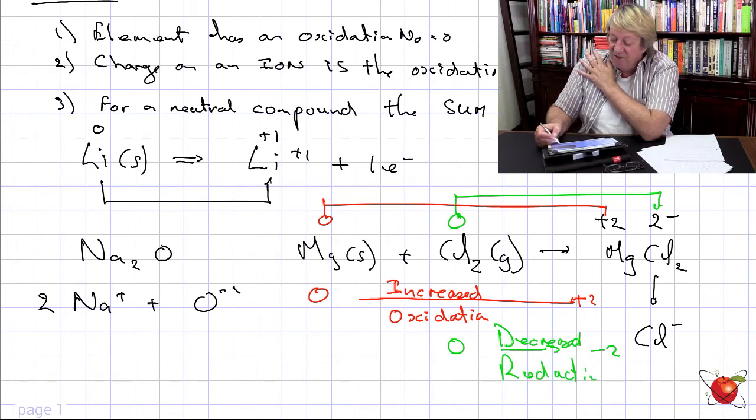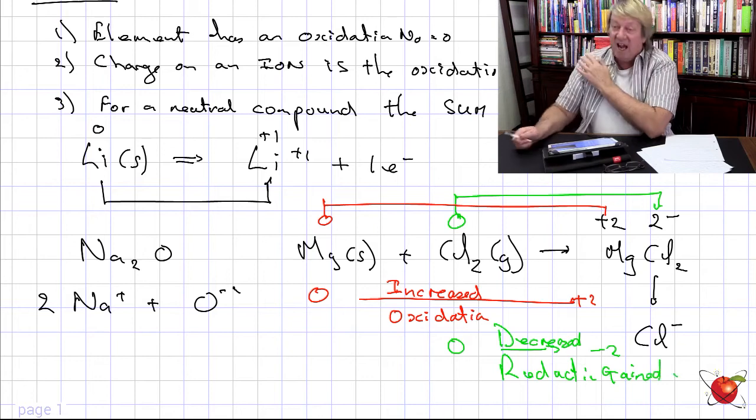Why? Because this one went more negative. It gained electrons. How do you go more negative? You gain electrons. That's what makes us more negative, isn't it? In the chemical sense of the word. So the oxidation number is telling us what happened. It's showing us which one was oxidized and which one reduced.